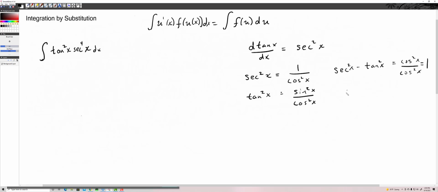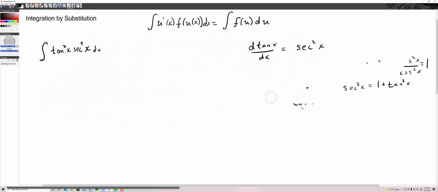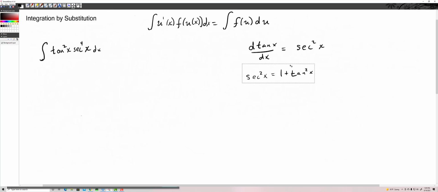And I now have this nifty identity that secant squared x is 1 plus tangent squared x. So we'll just clean this up a little bit. These are the two things I need. We're just going to grab the stuff that we need here and move it where we can see it.